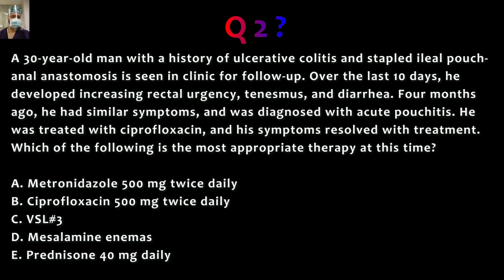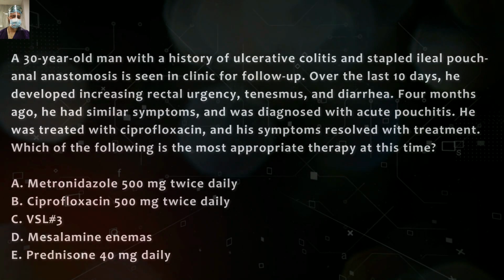He was treated with ciprofloxacin and his symptoms resolved with treatment. So now again the patient is symptomatic after 4 months, with one course of antibiotic. Which of the following is the most appropriate therapy at this time? That can be metronidazole 500 mg BD, ciprofloxacin 500 mg twice daily, BSL-3, that's a probiotic, mesalamine enemas, or prednisolone 40 mg daily. So just try to think, and then we will discuss the answer with relevant explanation at the end of this video.